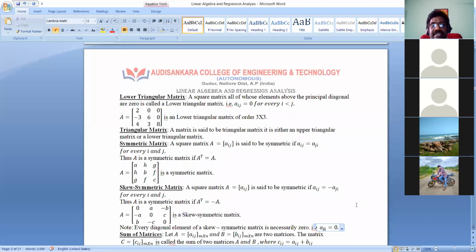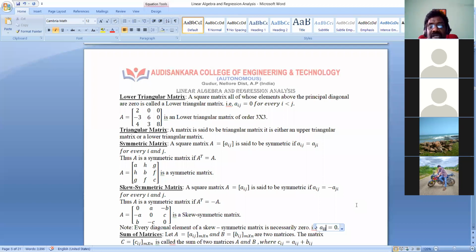For the existence of multiplication of two matrices, the number of columns in the first matrix, that is the pre-multiplier of the multiplication, must be equal to the number of rows in the second matrix.